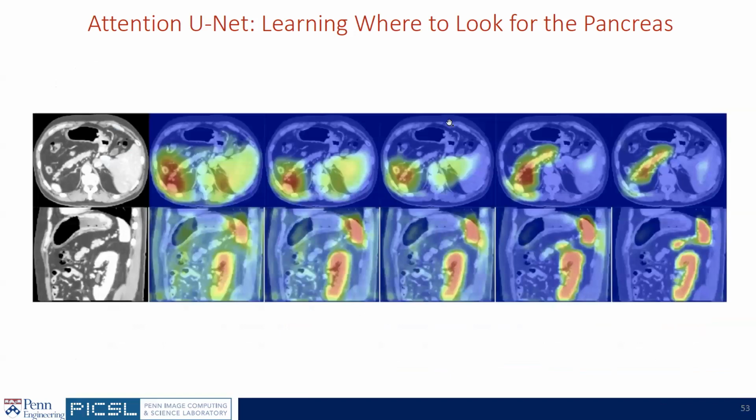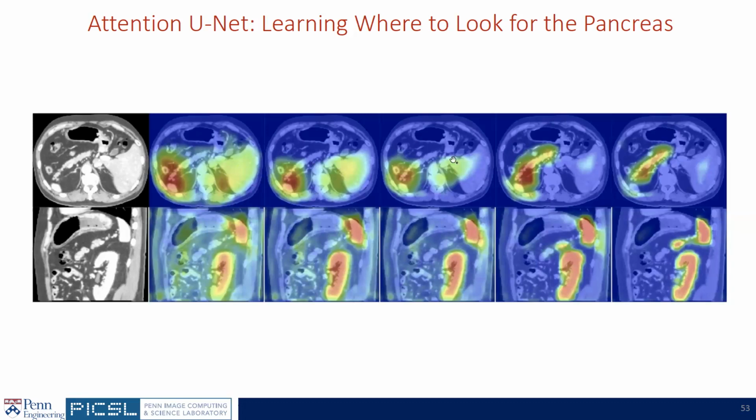Then you can see from left to right, these are two different viewing planes on the bottom. From left to right, the images show the network as training time progresses. Over here, you can see these are attention coefficients. When the network first starts training, it doesn't have an idea of where to look to segment the different structures in the image.